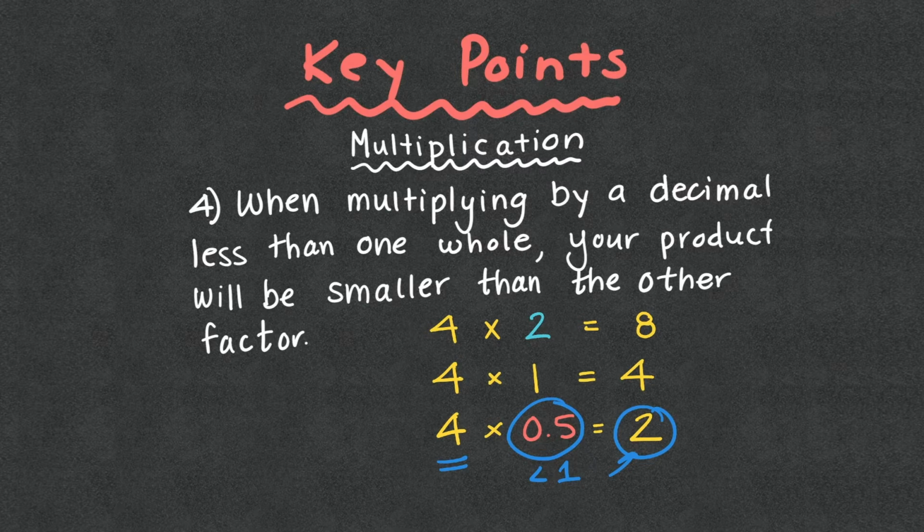This is going to be so important to remember when we get to percentages. Remember this idea because it's going to help you figure out, does my answer make sense? So hold on to that idea. Anytime you multiply by a number less than 1 whole, the number in the front will go down.